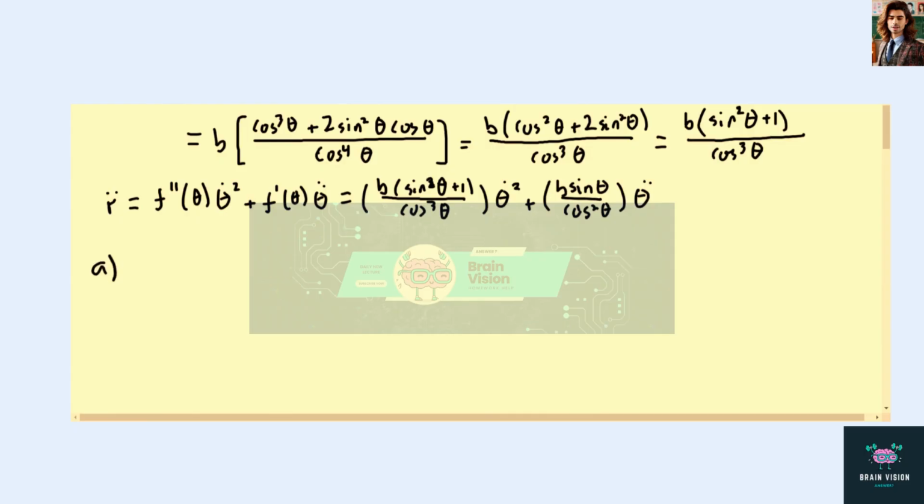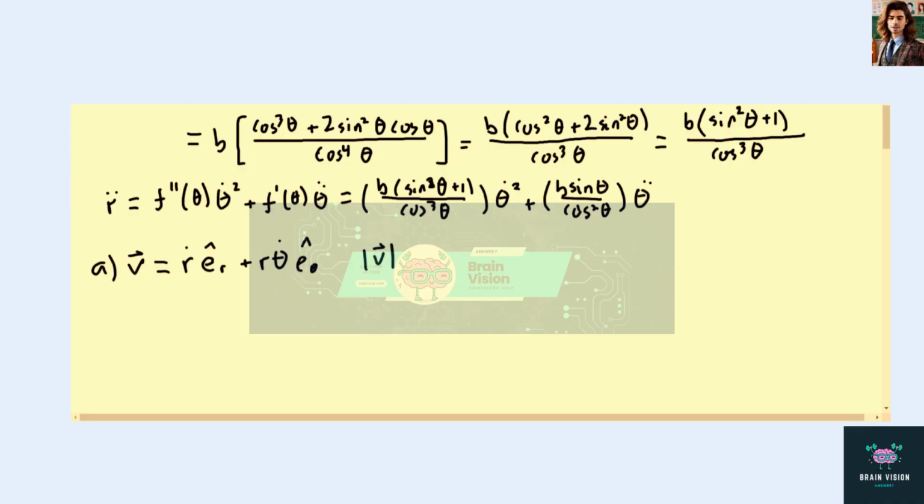Okay, so part A, we're finding the magnitude of velocity. So our formula for velocity in radial and transverse is going to be an r dot in the radial direction plus an r theta dot in the transverse direction.